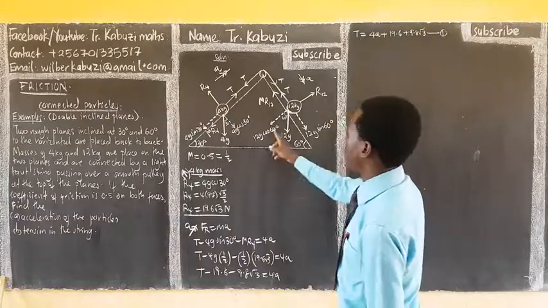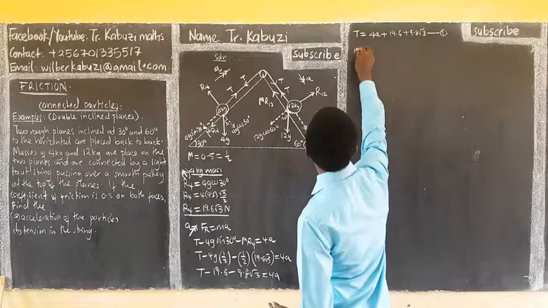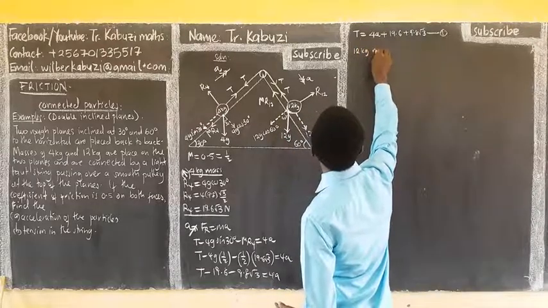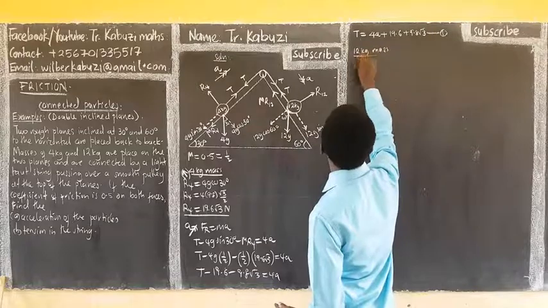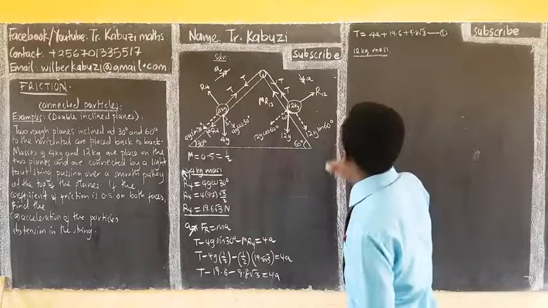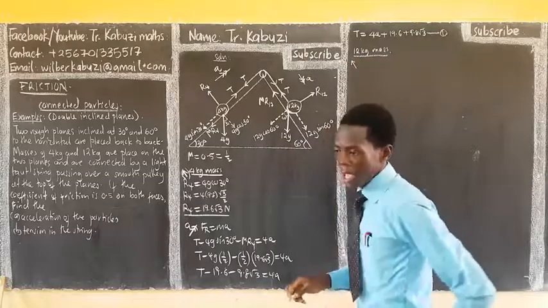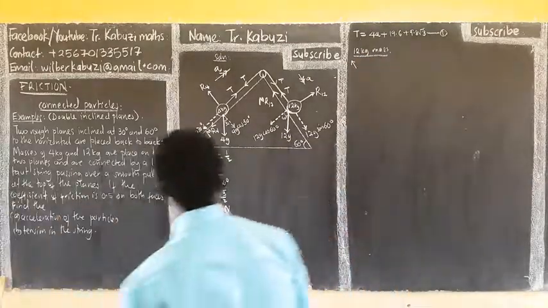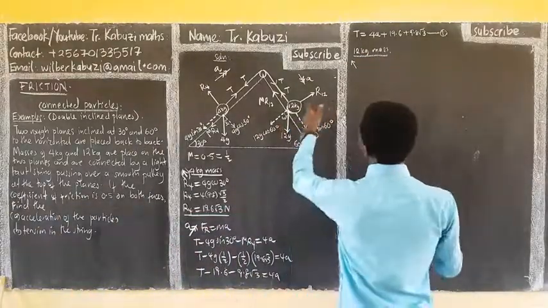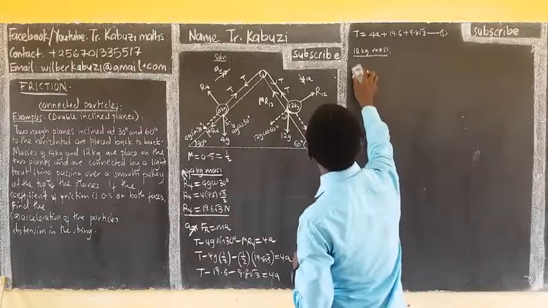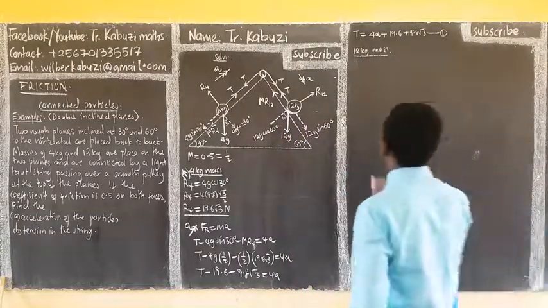Now let us come to the 12 kilogram mass. We start by getting our resultant, so we resolve perpendicular to the plane.